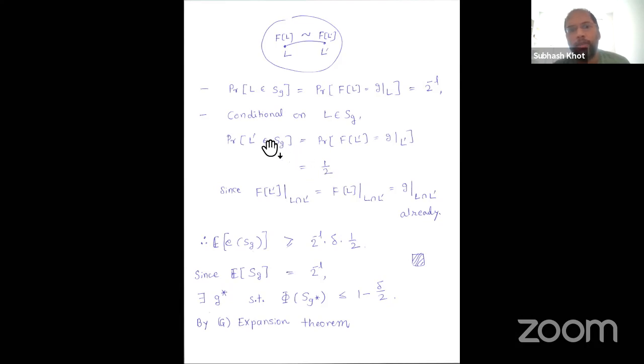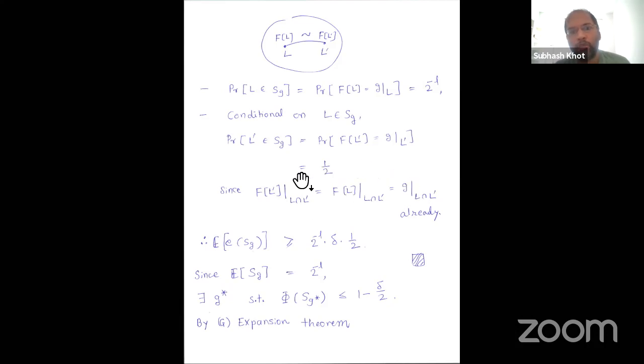This is because on that pair L, L prime, the answers f of L prime and f of L are given to be consistent. These are linear functions which are consistent on L intersect L prime. And now, if G was consistent with L, then G was also consistent with L prime already on the intersection.